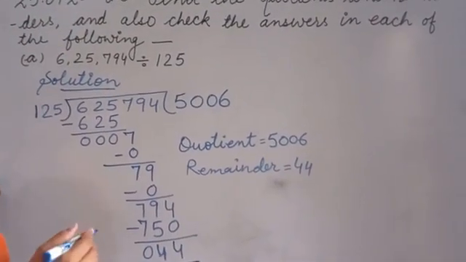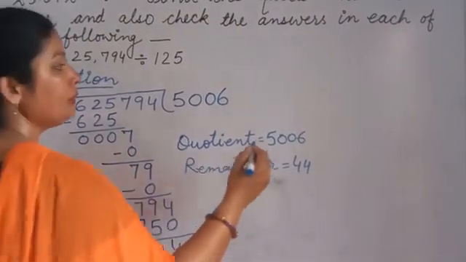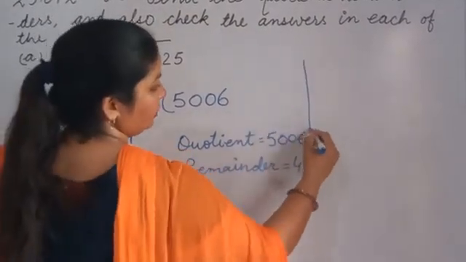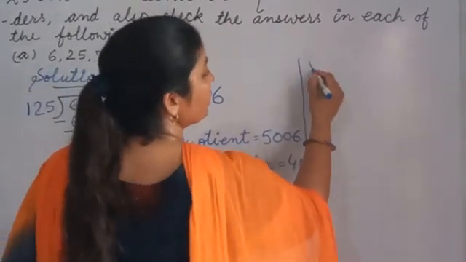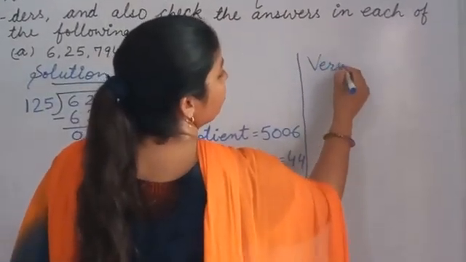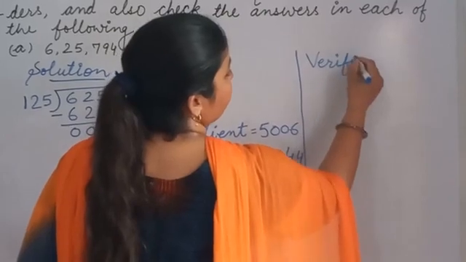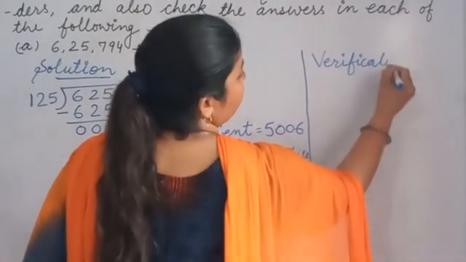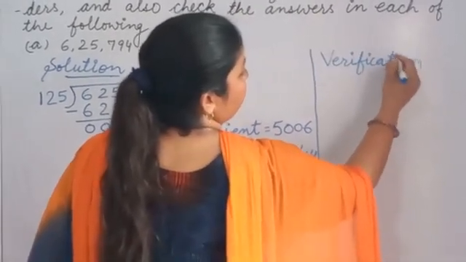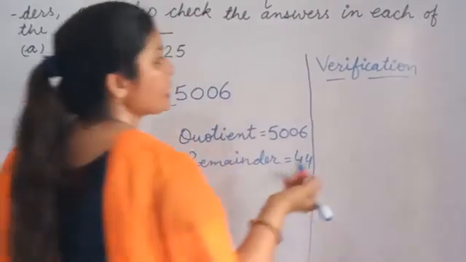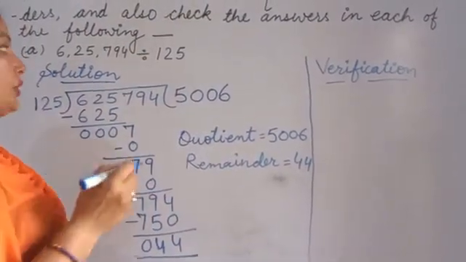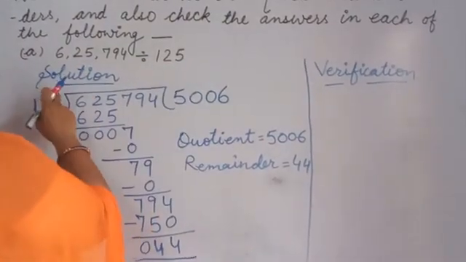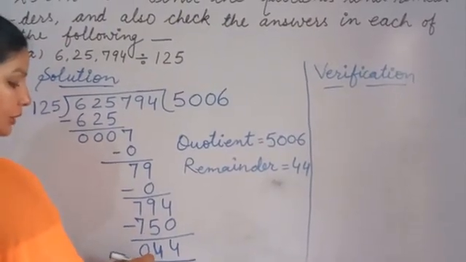Now we will do verification. So on the side we will do verification. I told you the method of verification. So what's the method of verification? Dividend equals quotient multiplied by divisor plus remainder.